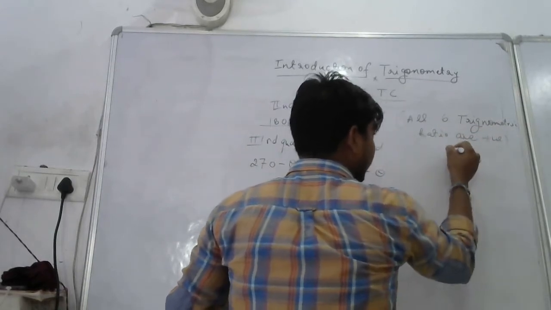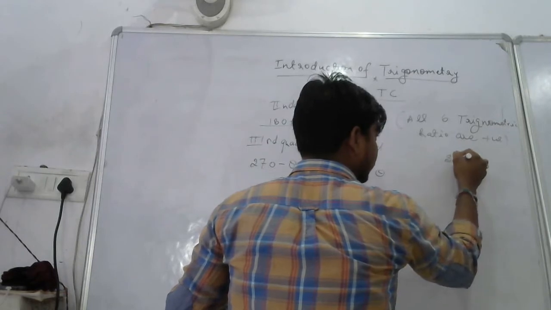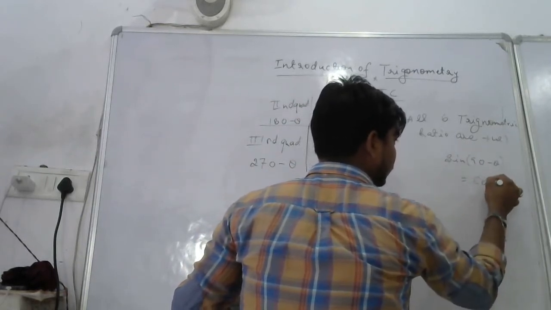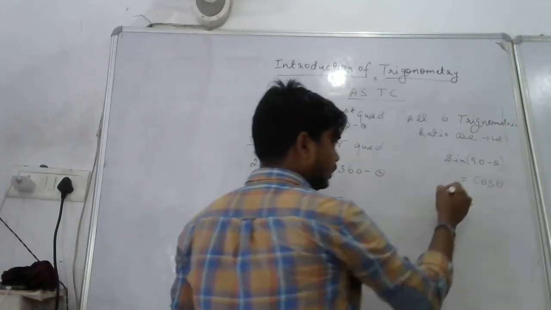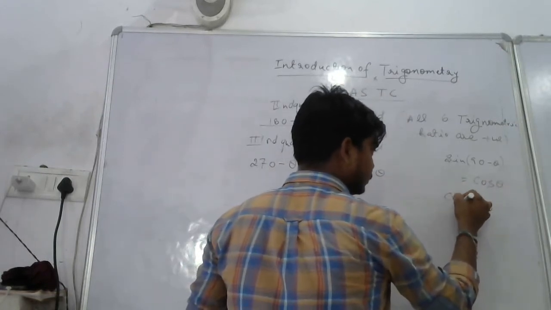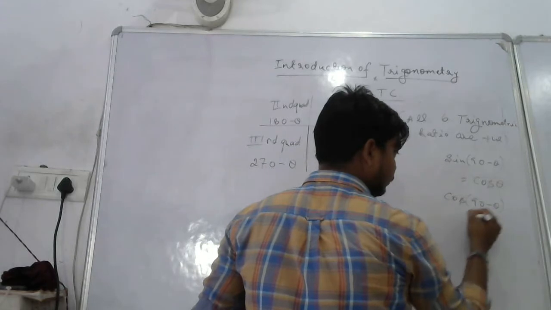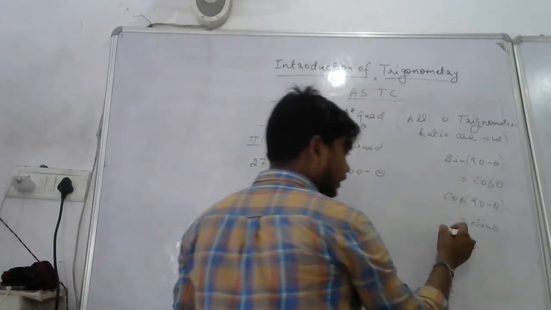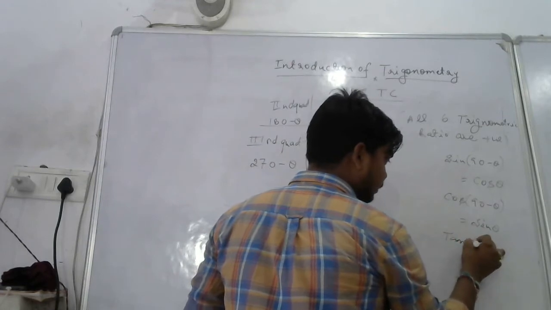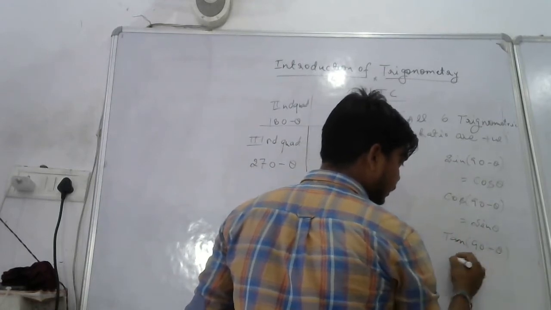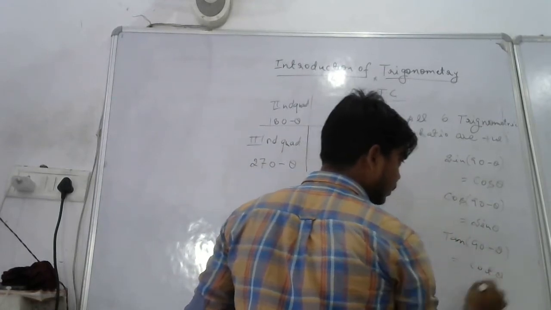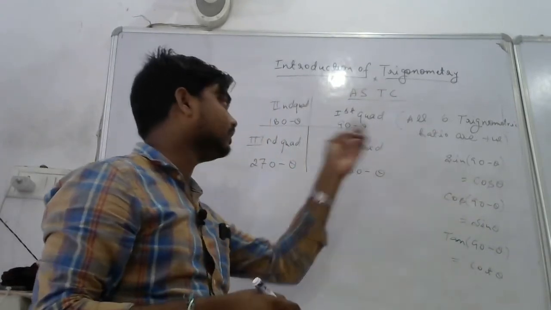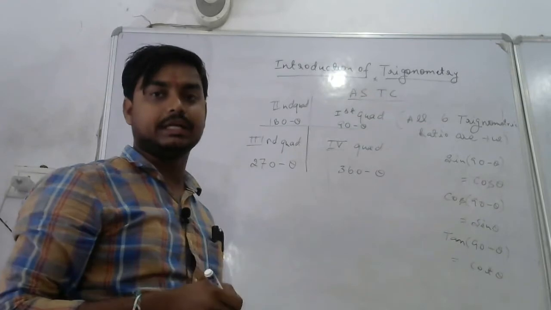So if we write sine of 90 minus theta, we can easily write it as cos theta. Cos of 90 minus theta is sin theta. Similarly, tan of 90 minus theta is cot theta.